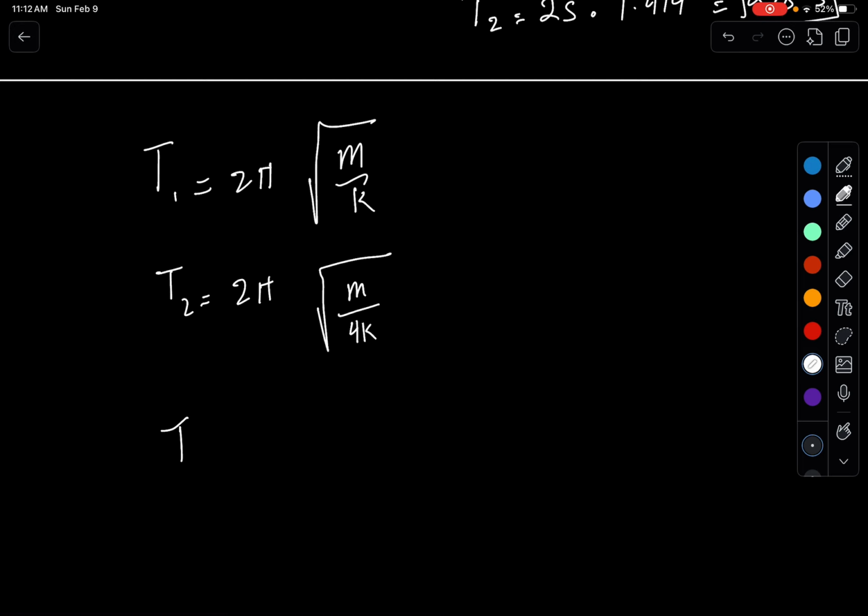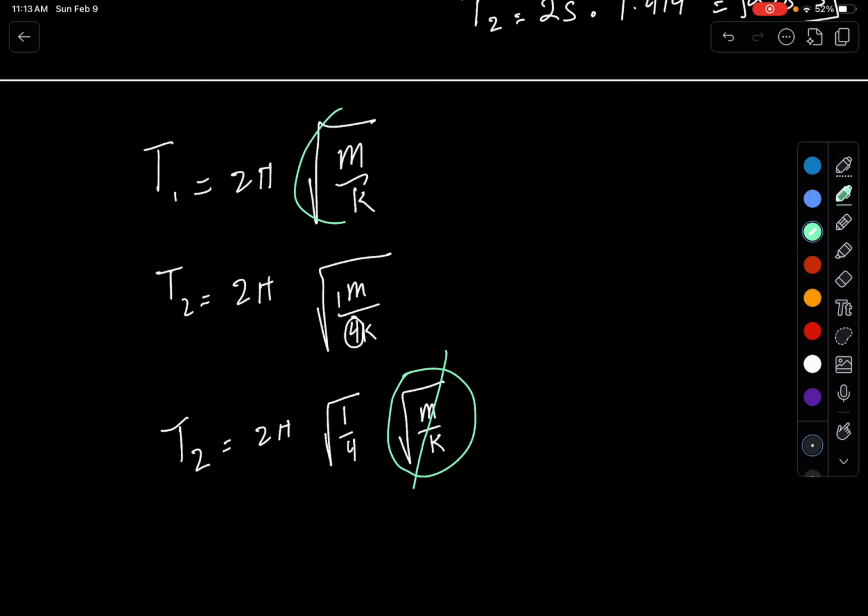So let's write it like this: T2 equals 2 pi times a square root of a quarter. We just took this quarter out, times a square root of m over k. We can eliminate these two factors which are the same, and the 2 pi.